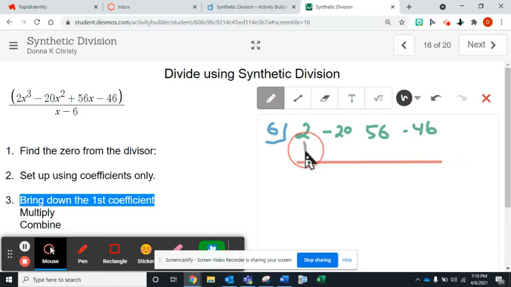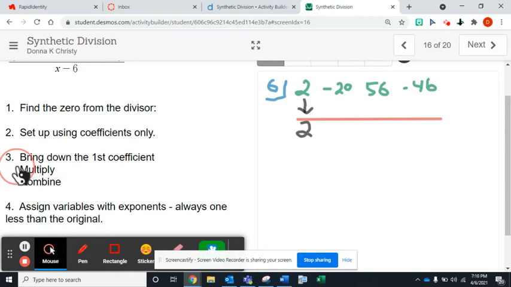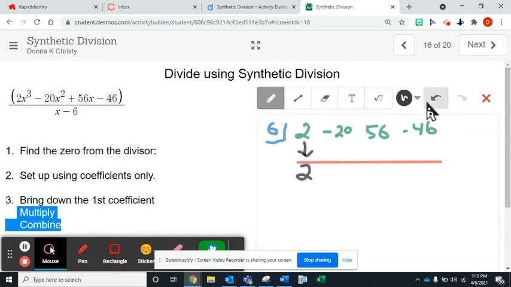I'm going to bring down the 2. Now, from here, we are going to multiply, combine, and repeat until we get all the way to the end here.